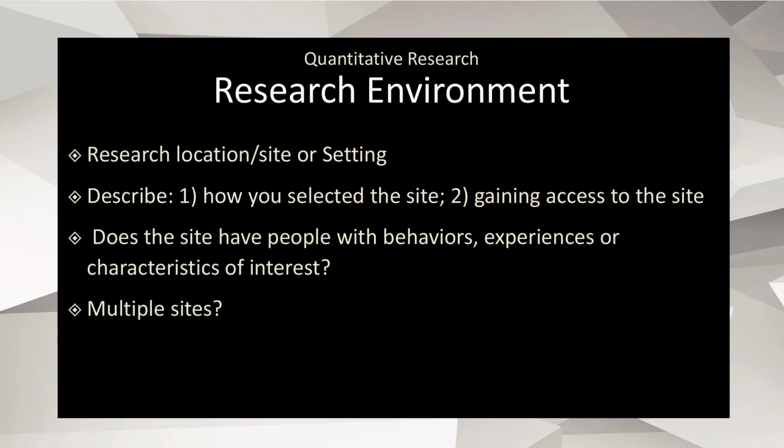Does the site have people with behaviors, experiences, or characteristics of the research study of interest? Is there just one site or are there multiple sites? So if you talk about a certain province, for example, or a certain district, you should be able to articulate the limitations of your research setting or your site.